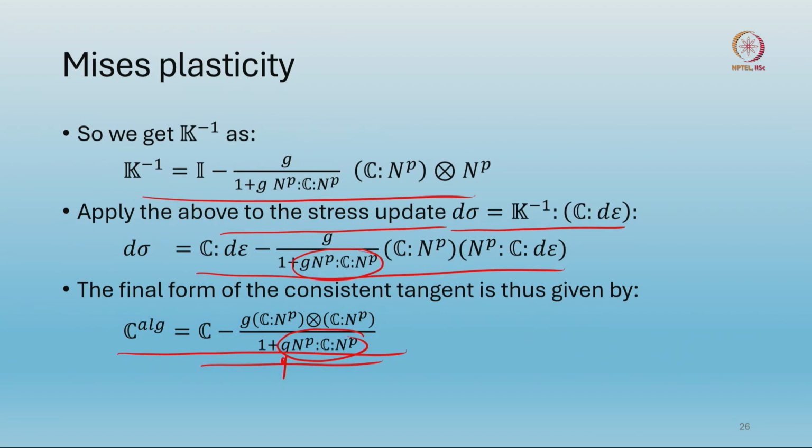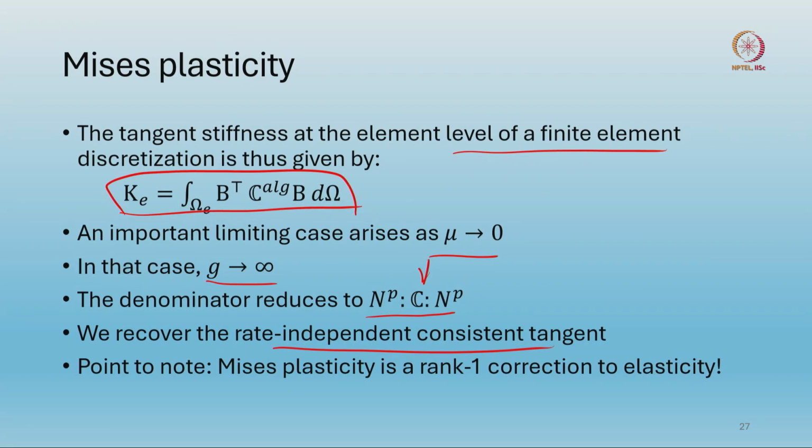The point to note here is that von Mises plasticity is essentially an elastic solution. We have already discussed this long back, that plasticity is basically a constrained elasticity because it remains constrained to the yield surface in the rate independent case, and of course it can do other things, it can go outside the yield surface.